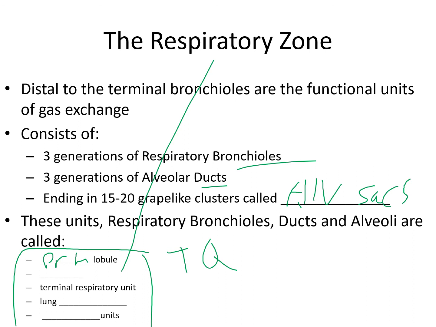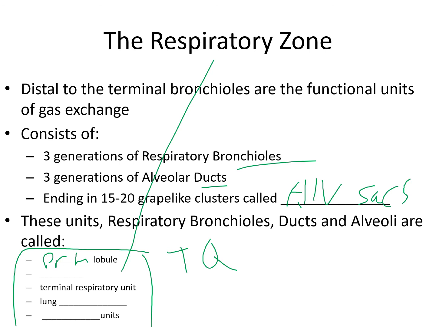The lung parenchyma. Well, let me spell that one. P-A-R-E-N-C-H-Y-M-A. The lung parenchyma is an alternate term for the respiratory zone. So if they say, hey, with emphysema, the lung parenchyma is the primarily affected site, well, that's just saying that the respiratory zone, right, they're synonymous terms, is primarily affected.